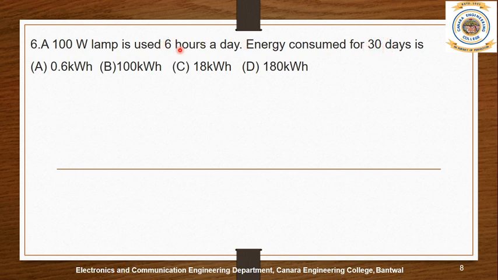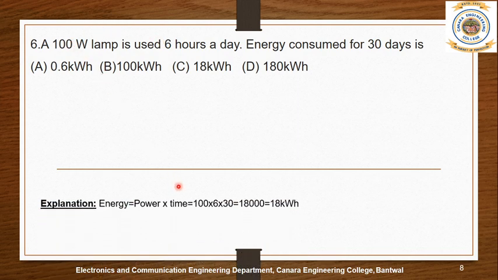Every day 6 hours, so for 30 days it is 30 into 6, 180 hours, into power 100. So it becomes 18,000 watt hour. 18,000 watt hour means 18 kilowatt hour. So the answer is option C, 18 kilowatt hour.